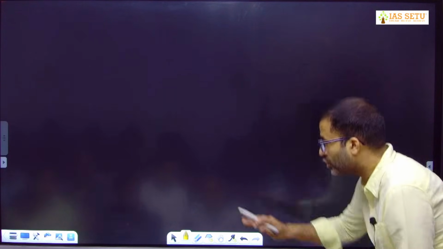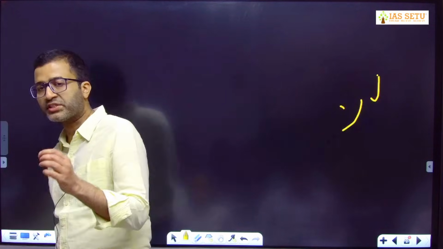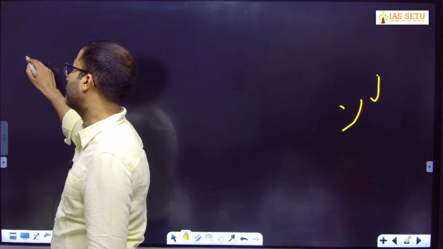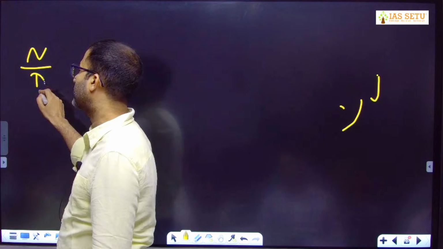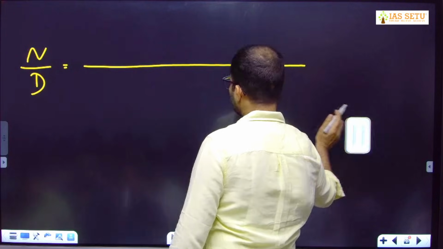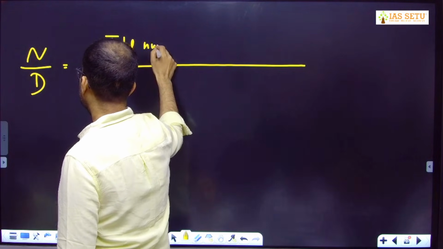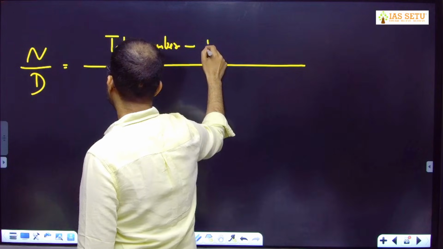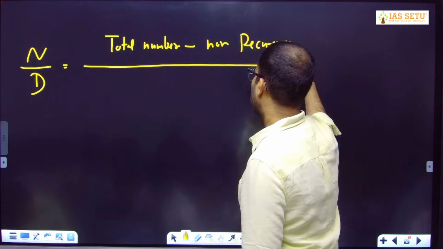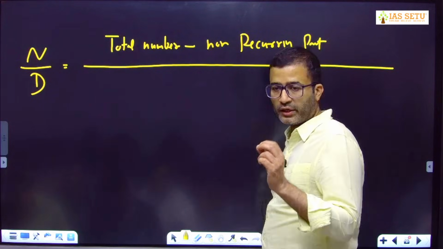So you write one rule, any question, whether it is type 1, type 2, type 3. In our topic, what we are doing, we are converting our recurring decimal into a fraction. Our numerator is total number minus non-recurring part. Denominator, there are two things.